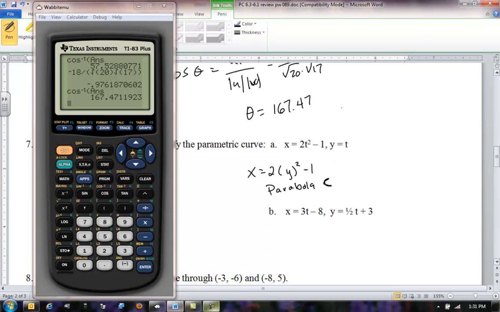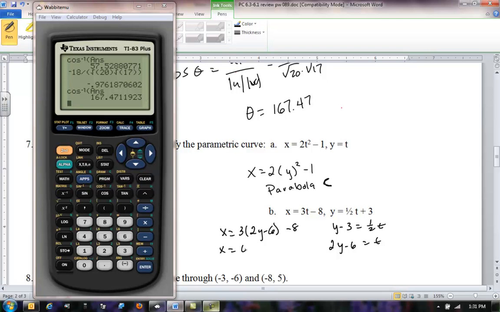I'll eliminate the parameter for the second one. Doesn't matter which one of these you solve for t in, but just solve for t. Solve for t from y here. This is going to be y minus 3 is equal to half a t, but you don't want half a t, you want t, so you have to multiply everything by 2. 2y minus 6 is t. Plug that back in. x equals 3 times 2y minus 6, minus 8.